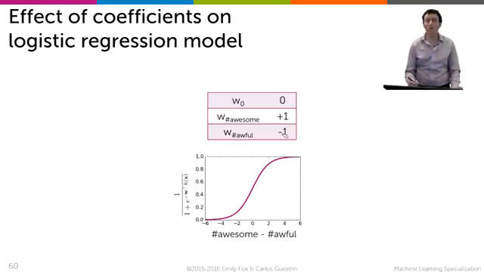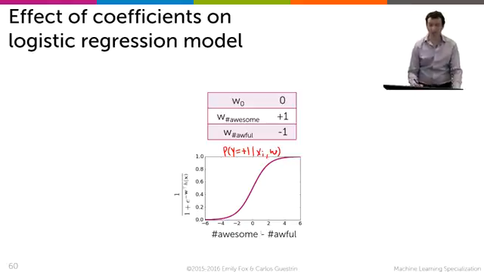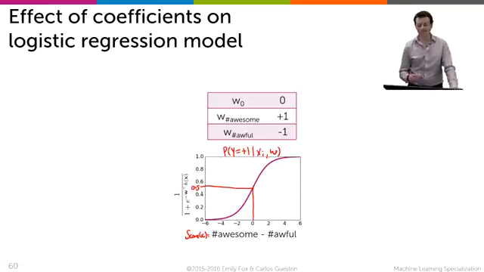If W0 is 0, then the probability of y equals plus 1 given xi and w is given by the curve below. If the number of awesomes is exactly equal to the number of awfuls, then the scores cancel out, and we have a score of xi exactly equal to 0. That gives you a predicted probability of 0.5, just like we saw.